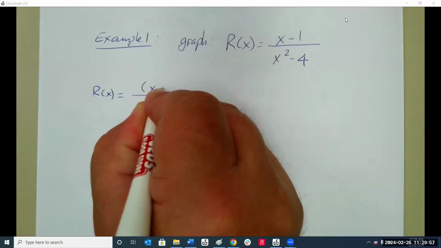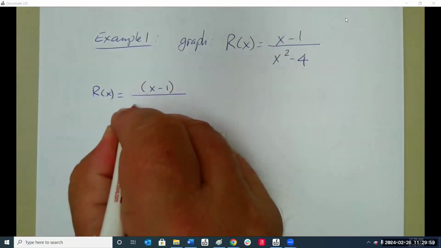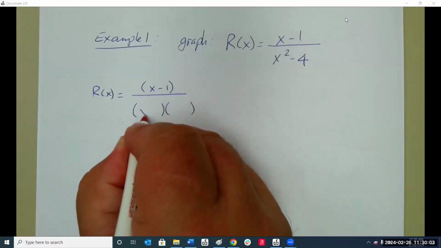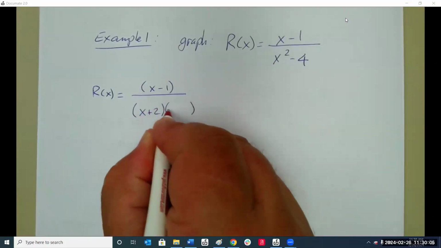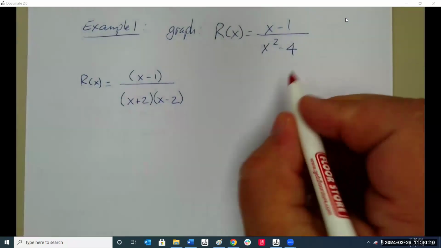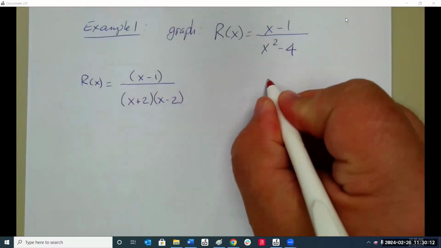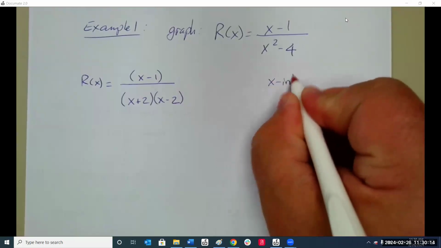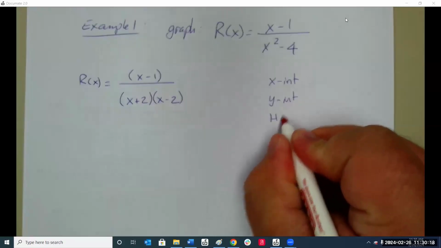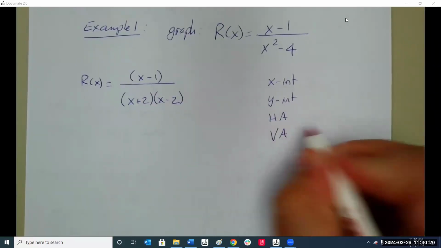The top is already factored out. What does the bottom factor out into? x plus 2, x minus 2. So we have to find the x-intercept, the y-intercept, the horizontal asymptote, and any vertical asymptotes.